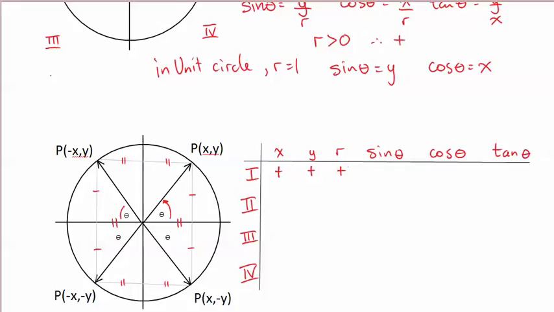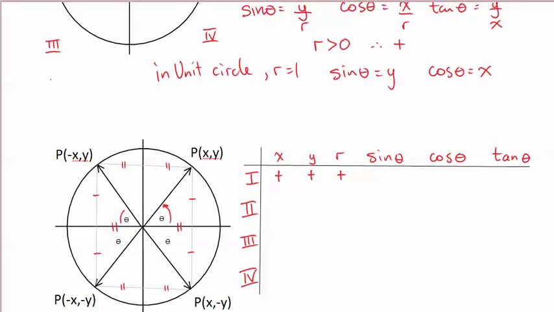As a result, because of our new definition, the sine of theta would be the y over the r value, so it would be positive. Cosine is x over r, therefore positive, and tan, y over x, or positive. That's what you're used to from SOHCAHTOA and acute angled triangle referenced trigonometry.